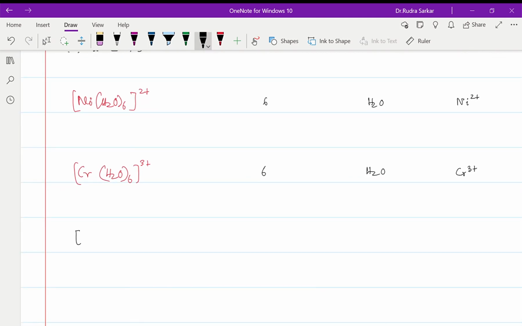Suppose I give you Pt NH3 whole 4, 2 plus. Give it a try. Coordination number?